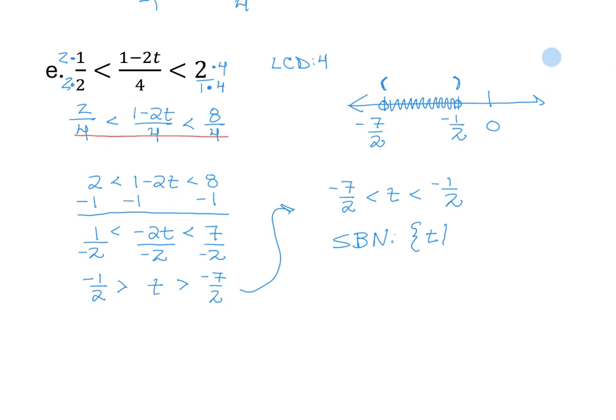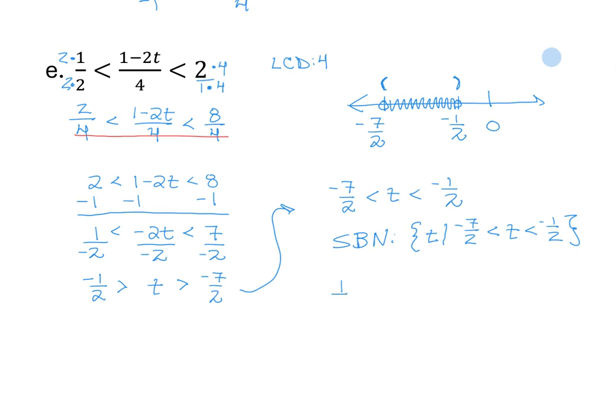So we're going to have our squiggly brackets, we have t, we have our vertical bar, and then we have our inequality statement. And again, it doesn't matter what order you write this in. You can still do -1/2 is greater than t is greater than -7/2, or you can write this -7/2 is less than t is less than -1/2.